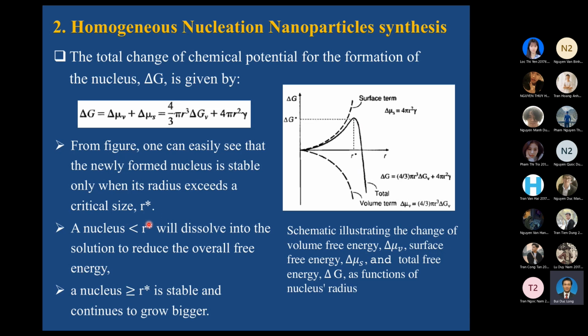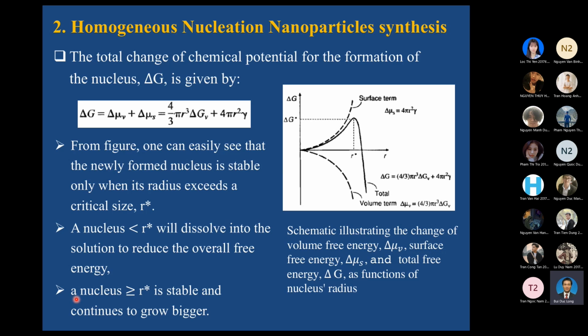Only a nucleus with a radius larger than R star can exist in the solution and grow up into a bigger particle. So this is the fundamental mechanism of how the particle is formed and grows.